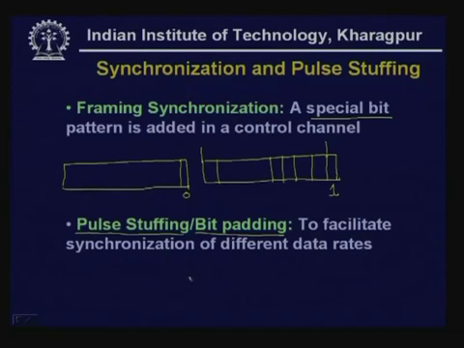For example, you are sampling at the rate of say 8 kilobits per second. So, here data is coming at the rate of 8 kbps, but here it is coming at the rate of 7.2 kbps. So, obviously these two cannot be synchronized.